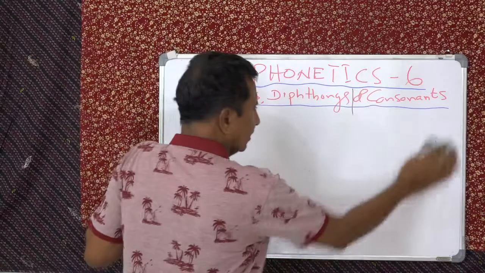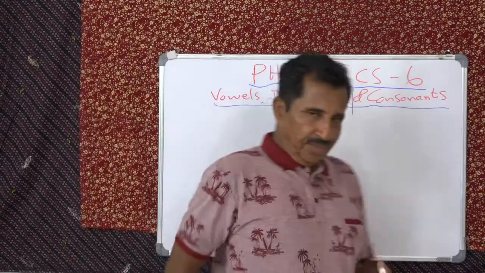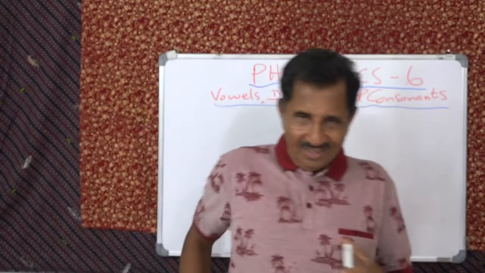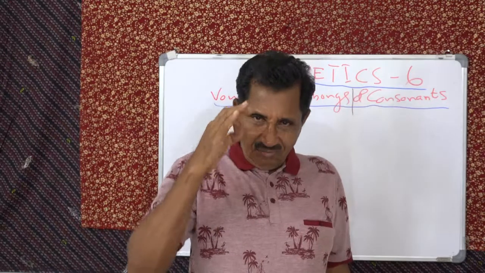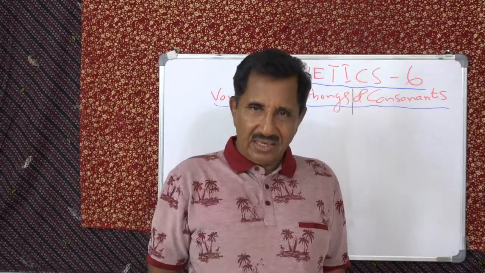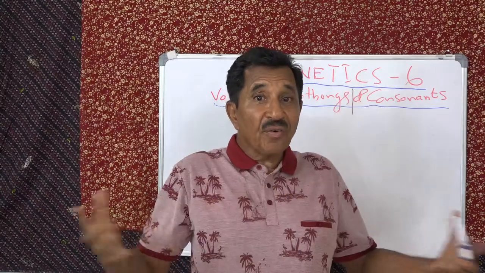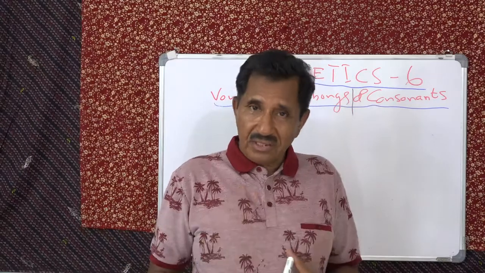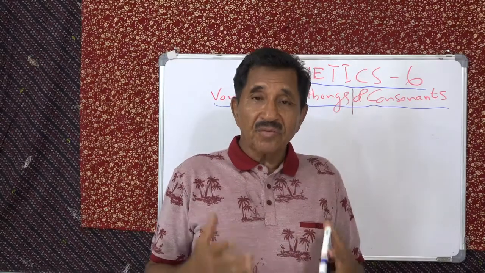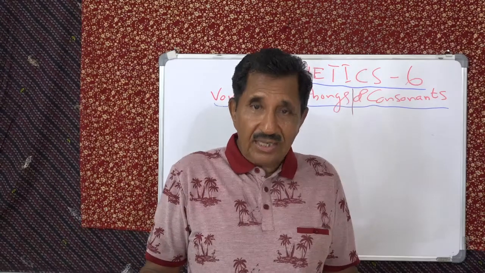So once again, the definition of vowel, timely, because we have to further expand the definition. A vowel is a speech sound produced with a free flow of air, and a consonant is a speech sound produced with some obstruction of the airflow in the mouth.